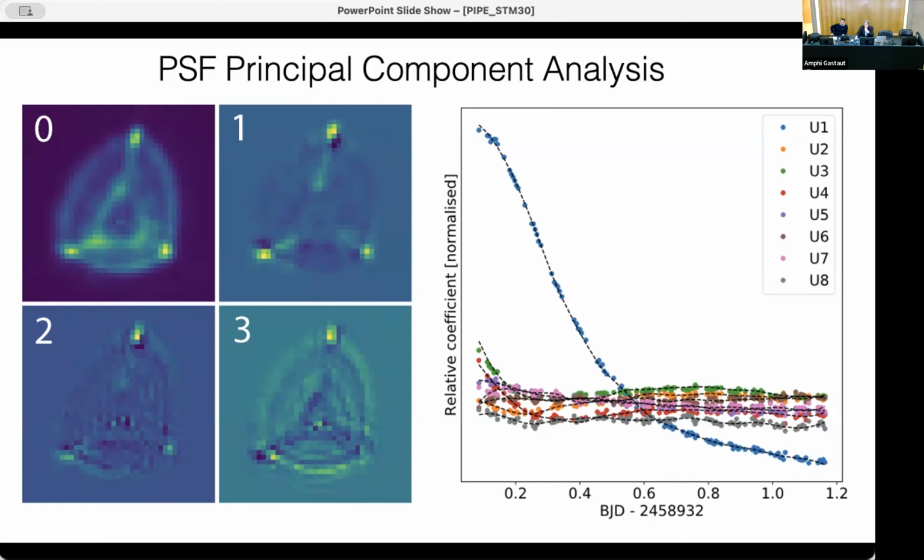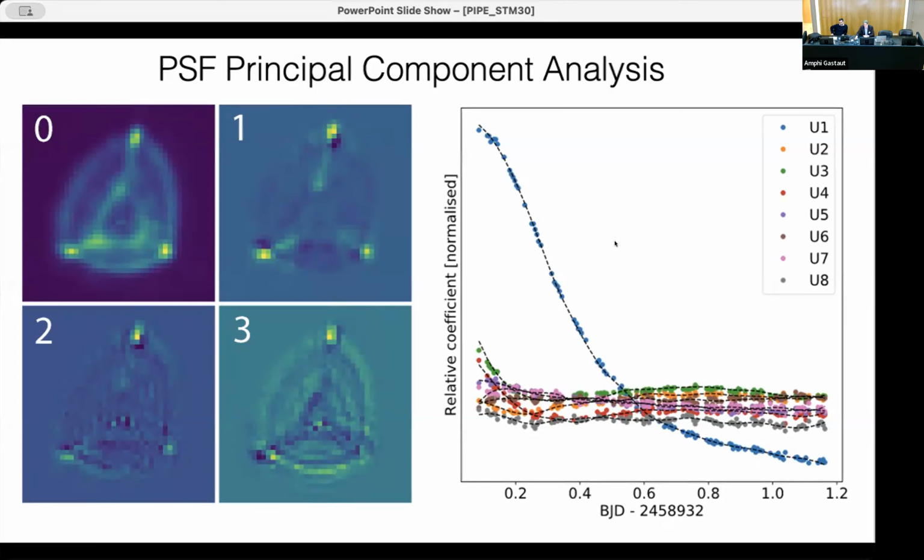And in order to produce a good PSF that is applicable to that specific target, we use principal component analysis of the library, where we divide it up into principal components, and then we fit them to the target. This produces coefficients that are also recorded in the data products.